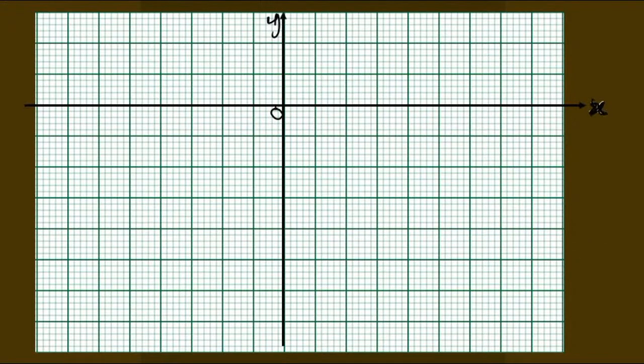So we're going 2 cm for x. So we'll have 1, 2, 3, 4. Again we have minus 1, minus 2, minus 3, minus 4.